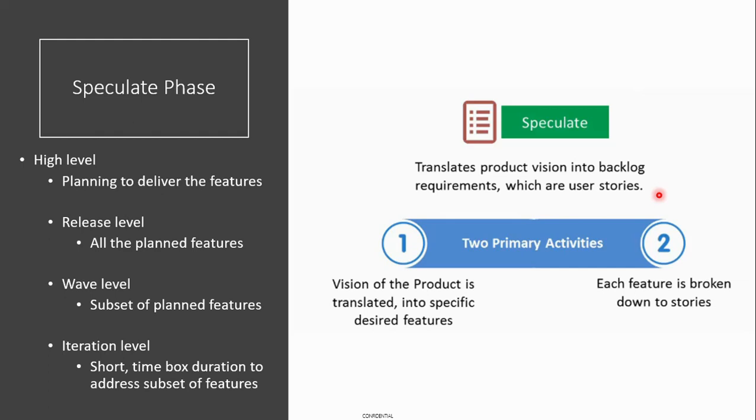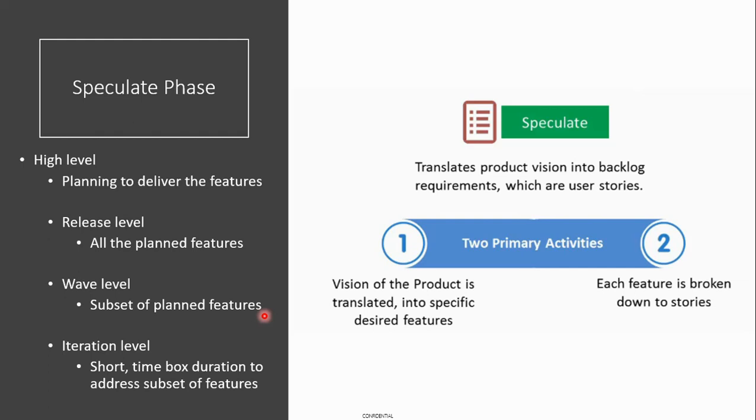Once a reasonable amount of elaboration of the product vision into requirements is done, you might be able to plan out your release levels and your iteration levels. This set of features might go in the first release, this set of features might go in the second release, at a high release level. Then at the lower, more iterative level, you can have a plan.